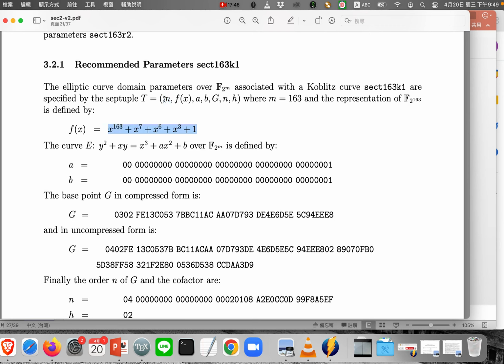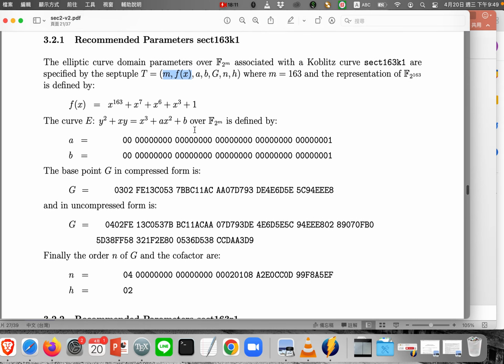So the first 2 parameters are used to describe the field. In contrast to a prime field, where you only need 1 p to specify the elliptic curve, for binary fields you need 2 parameters, both m and an irreducible polynomial. Now for the curve, we have to specify a and b.